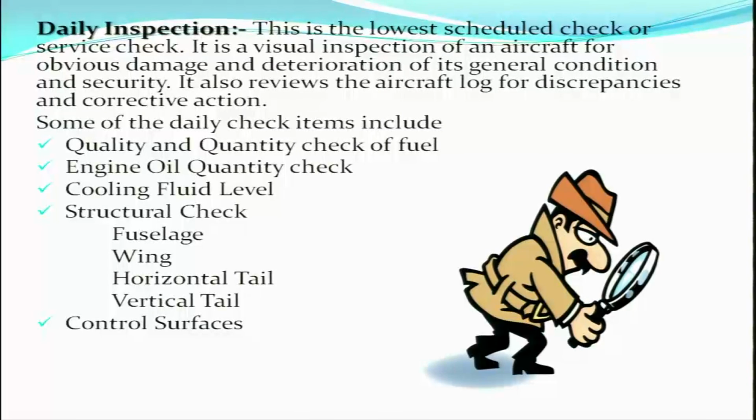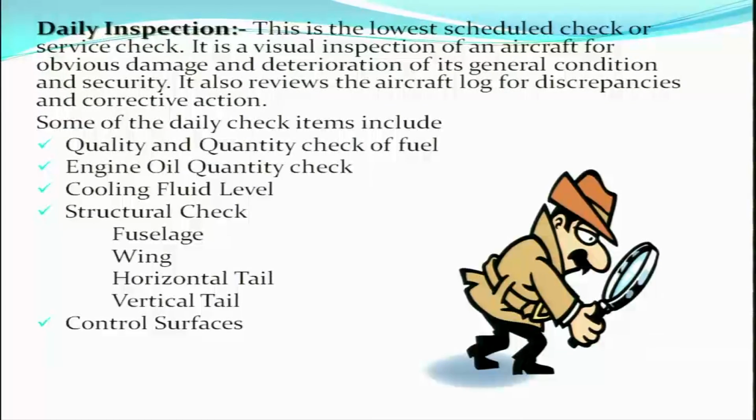Some of the daily check items include quality and quantity check of the fuel. So, as part of the daily inspection, we take the fuel sample, we drain the fuel sample from the fuel tanks, from the gascolator filter, and check whether the fuel is free of water content, whether there is no sediment.